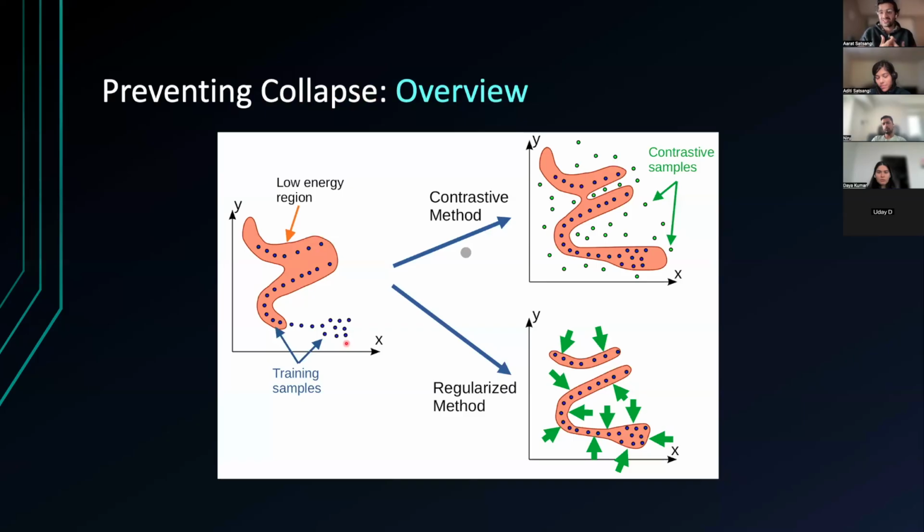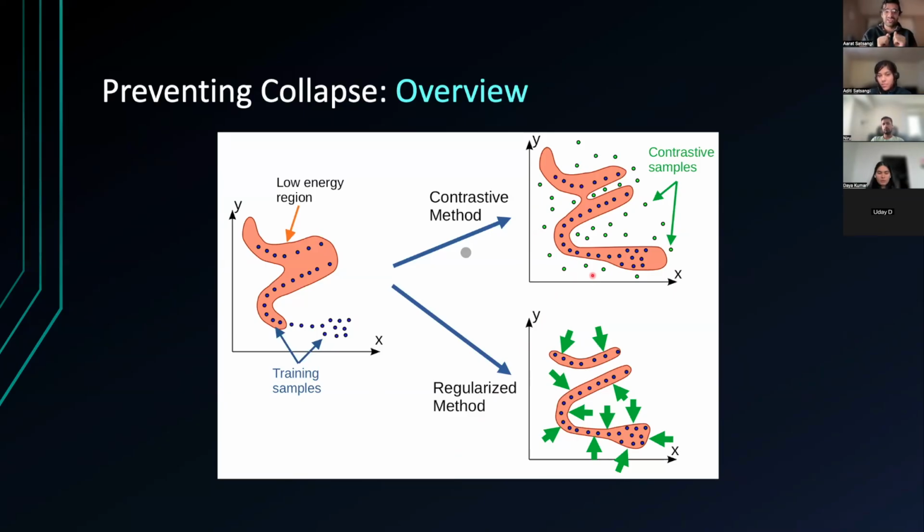So in contrastive methods, you pull all of these points down in the energy landscape, and you generate contrastive samples, these green points right there, and pull them up. So the energy becomes higher for these contrastive samples and lower for the compatible samples. This is the overview of contrastive methods.